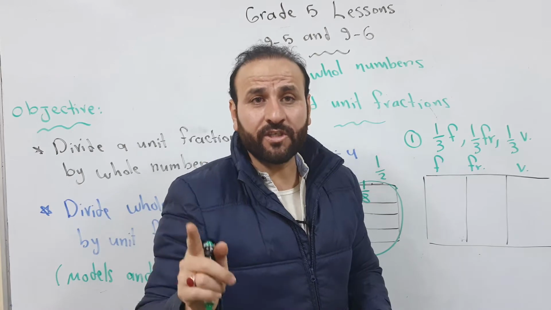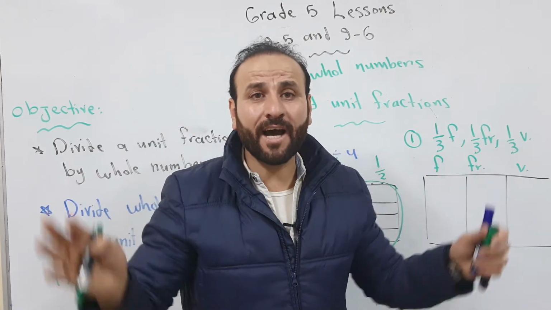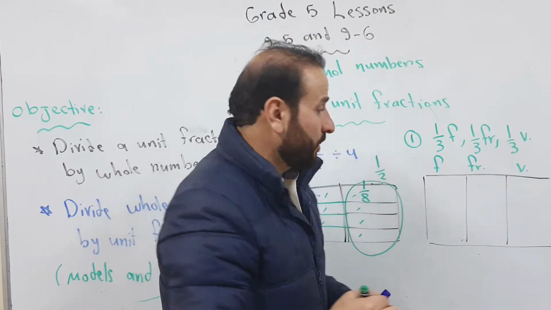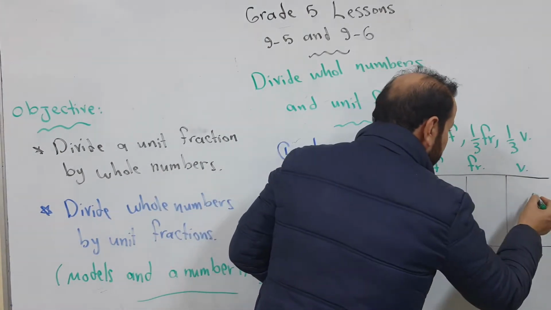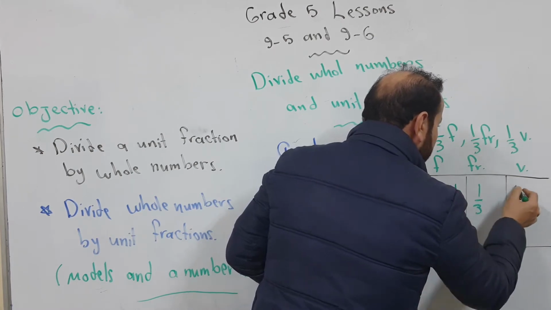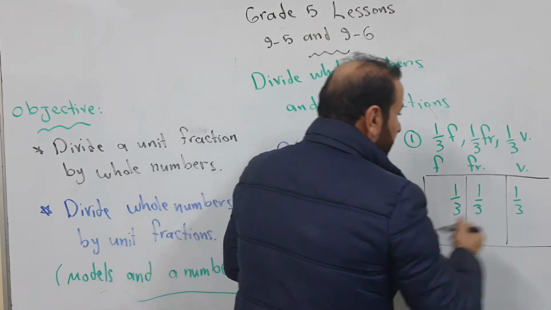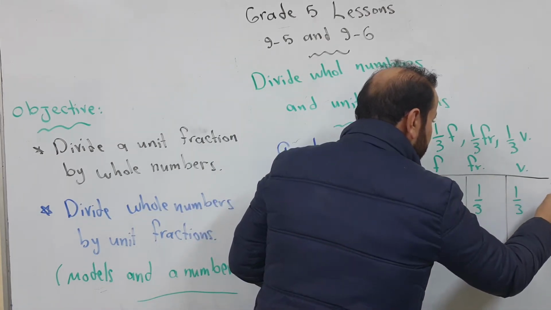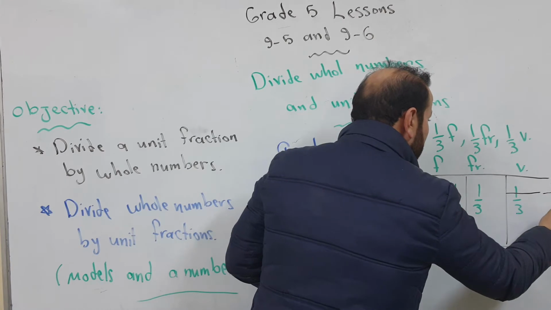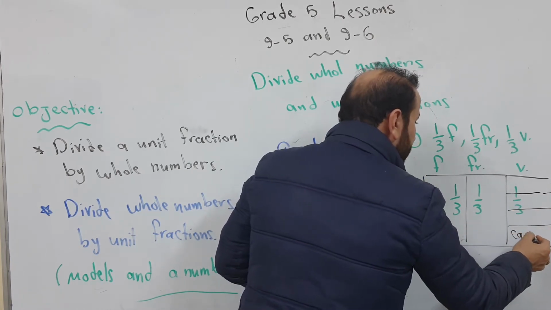One of these sections is carrot. So the question is, what fraction of the whole garden is the carrot? This is 1 over 3, this 1 over 3, and this 1 over 3, as I mentioned. Now we cut this section into 4 parts. One of these parts is the carrot.